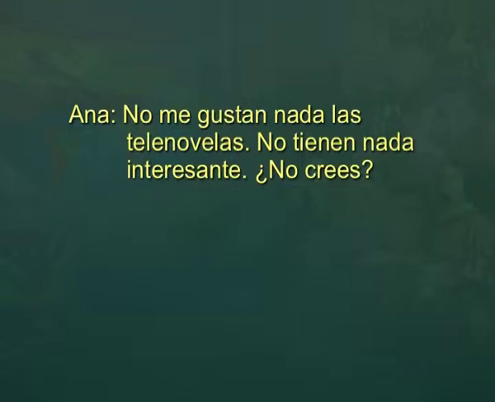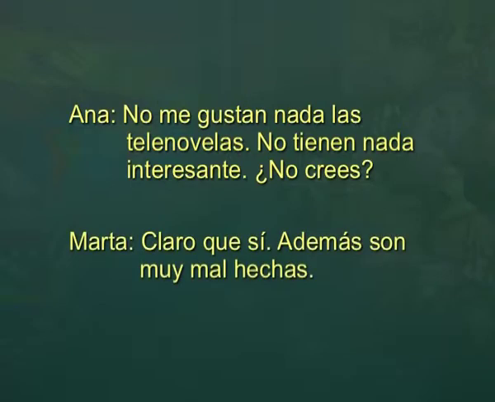No tienen nada interesante. They don't have anything interesting. ¿No crees? Don't you think so, Marta? And what is Marta saying? She's saying, claro que sí. Además, son muy mal hechas. Claro que sí. Of course, yes, whatever you're saying, it's true. Además, moreover, they are badly done.